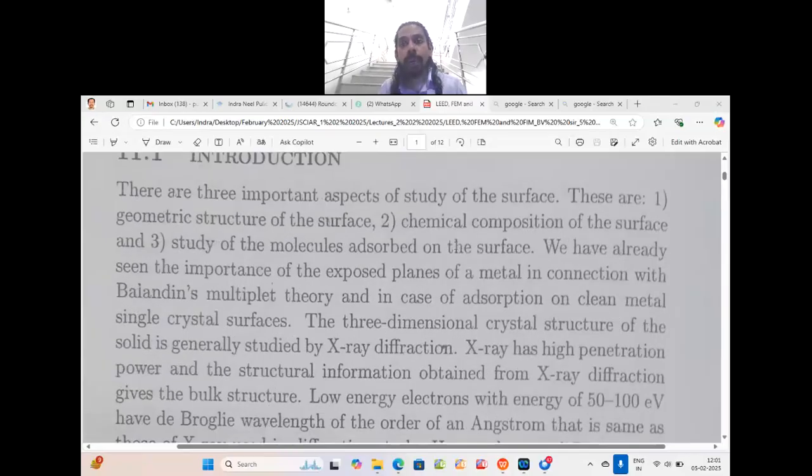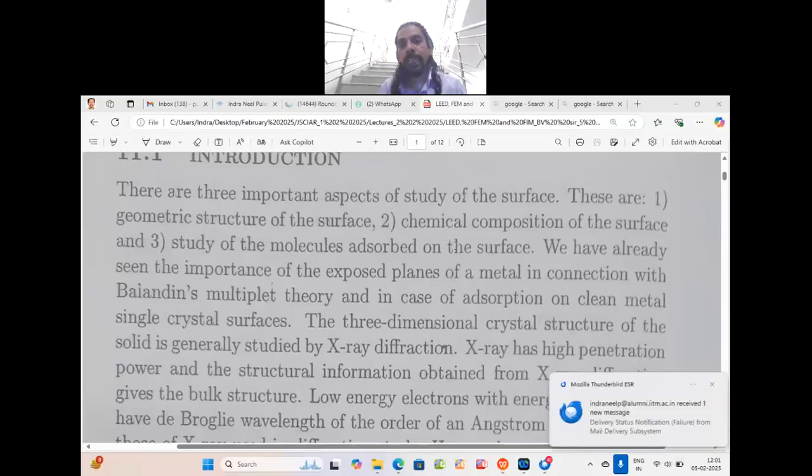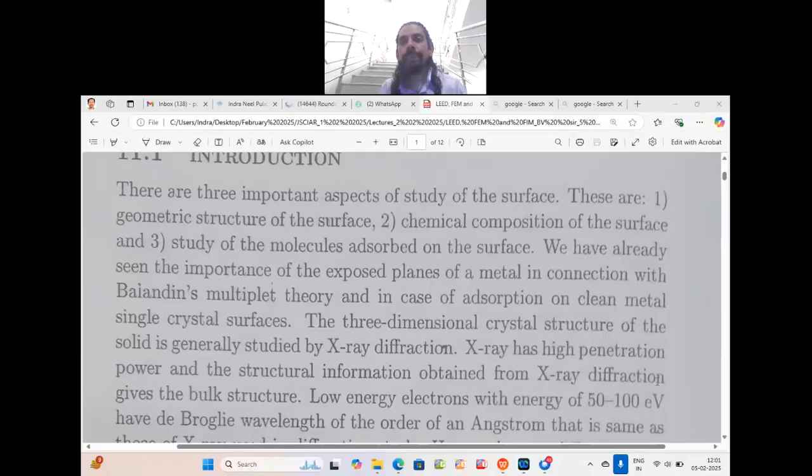There are three important aspects of the study of surface. As I told you, surface is different from interface. Surface is not a synonym of interface; they are different terms.